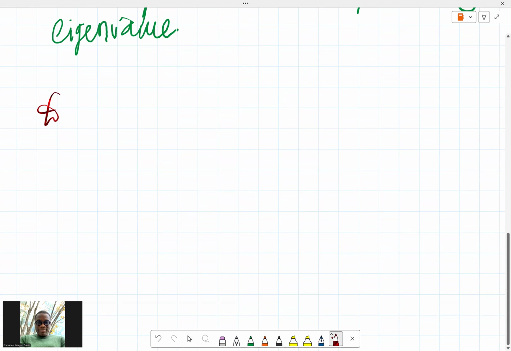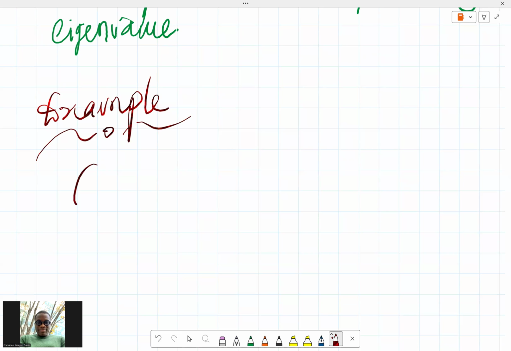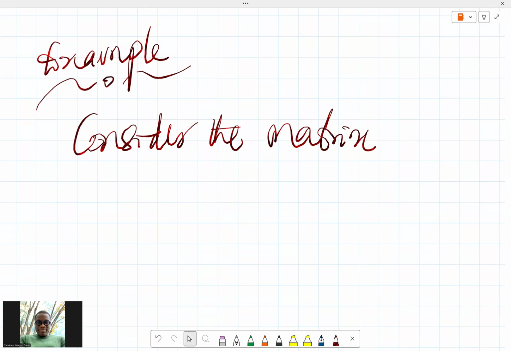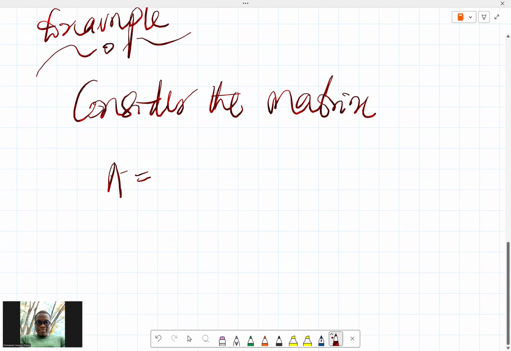So let's look at this example. Consider the matrix A, which is 2, 1, 1, 2.